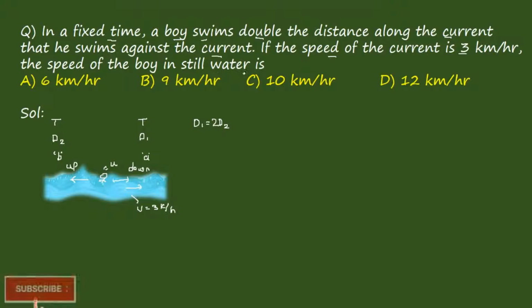The speed of the boy in still water is what we have to find, the value of u. The general thing that we know is that speed is equal to distance by time.